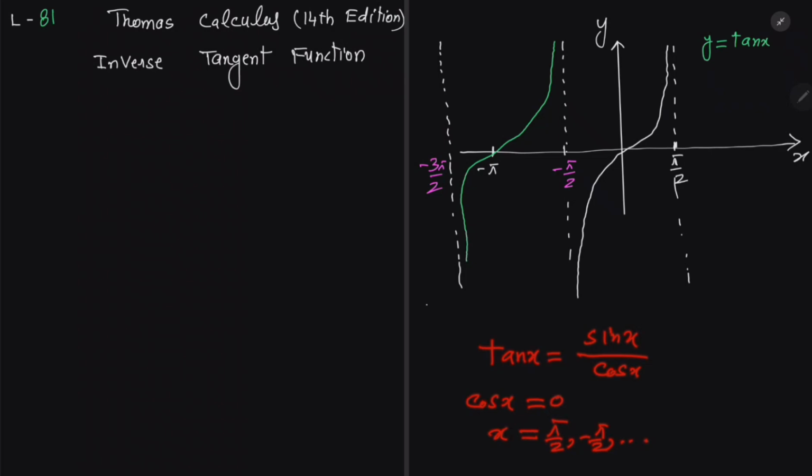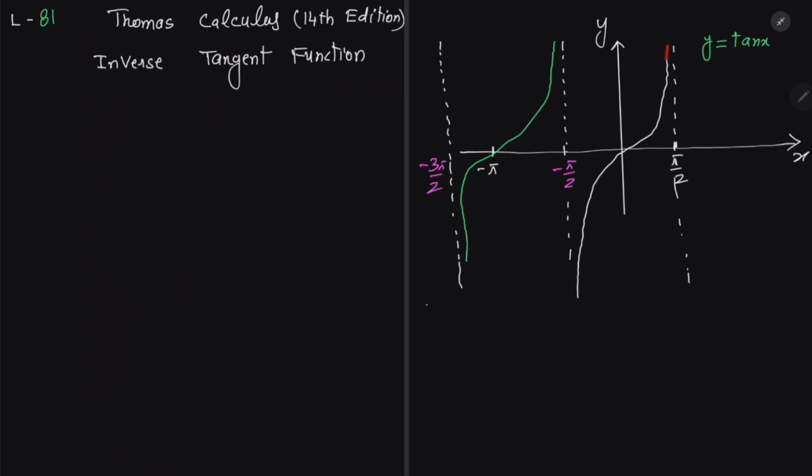These are the discontinuous points where we cannot draw tangent x, and these are the vertical asymptotes as well. So you can see that this is the vertical line which tangent x cannot cross.